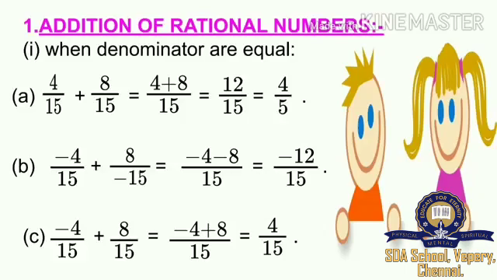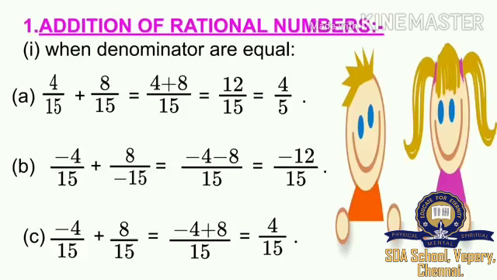Denominators are the same, so we just add the numerators and find the value. So 4 plus 8 divided by 15 is equal to 12 divided by 15. If we cancel 12 divided by 15 in the 3 table, 3 4s are 12 and 3 5s are 15.